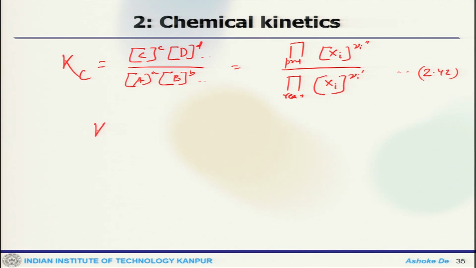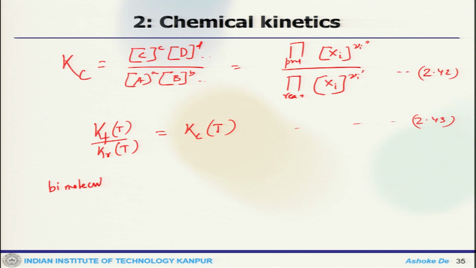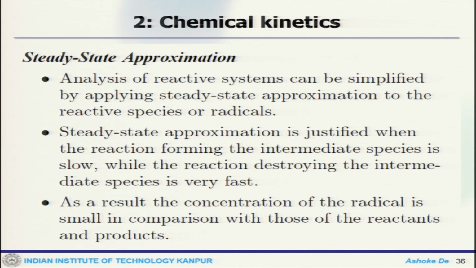So, that you get Kf by Kr equals Kc, and that will get you 2.43. For a bimolecular reaction, Kc is nothing but Kp. So, this is what you get.